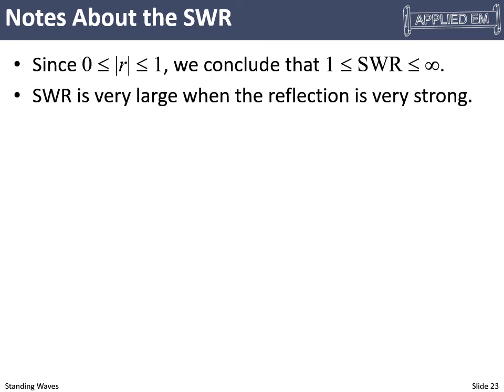Being equal amplitude, that means it can cancel and go all the way to 0. And so when we divide by 0, that's actually how we get the infinity in the standing wave ratio. So standing wave ratio of infinity means a 100% reflection, so that the reflected wave is the same amplitude as the applied wave. It can cancel all the way to 0, giving us the infinity.